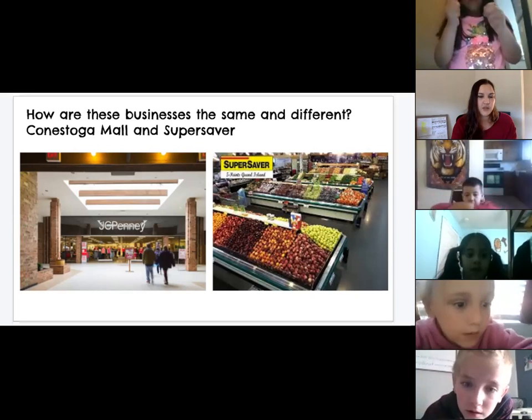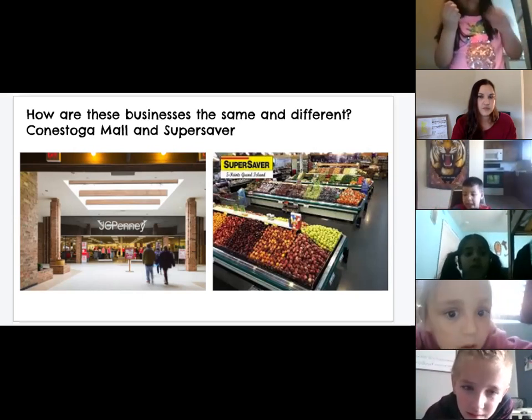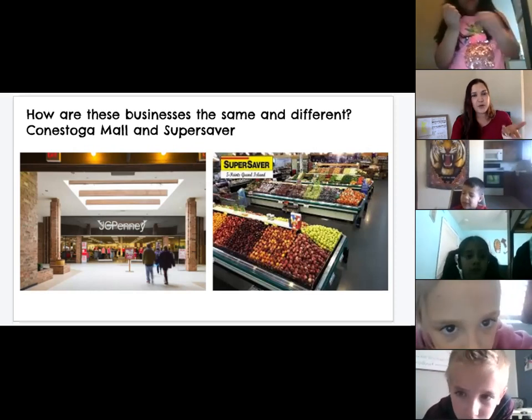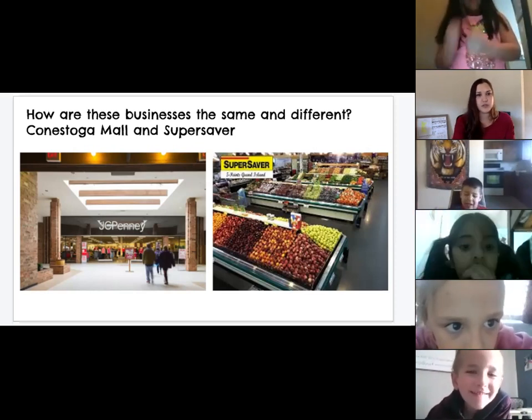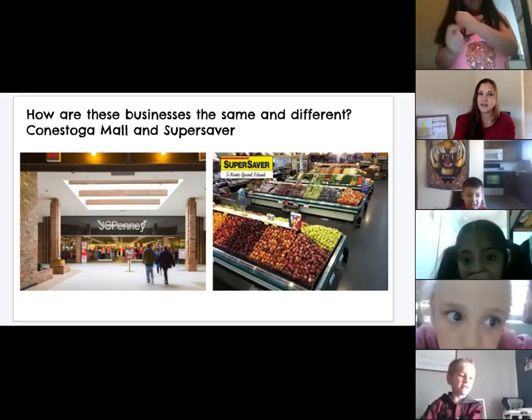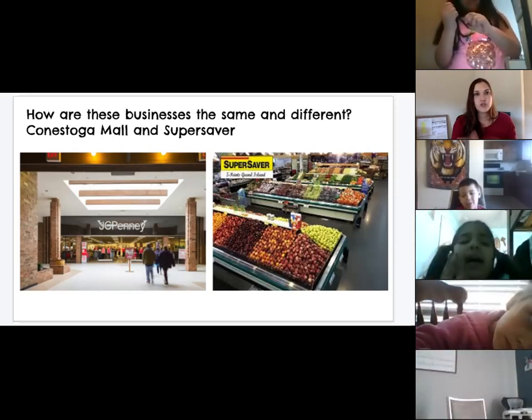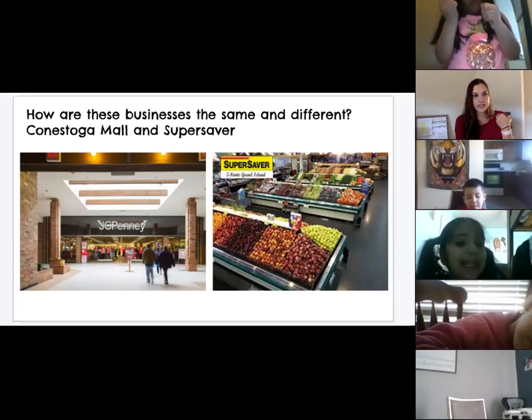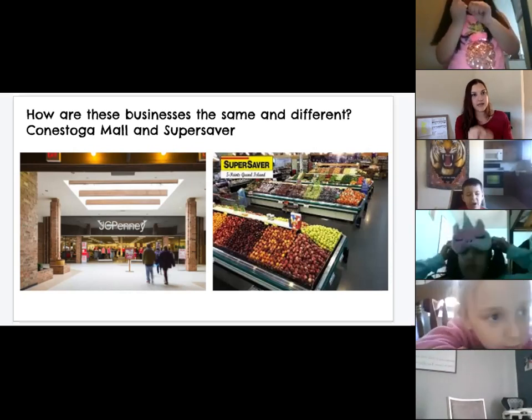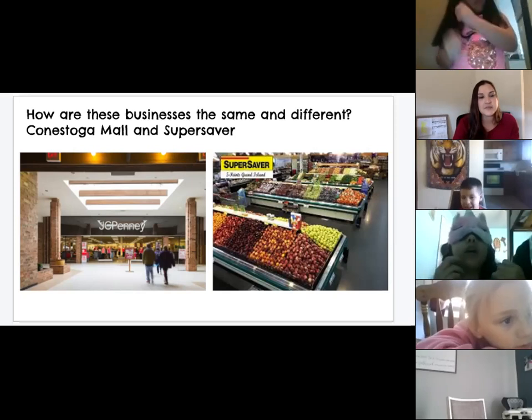What can you buy at the mall? Clothes. Yeah, one of them you go to buy clothes and the other one you go to buy food. So they're a little bit different, right? So that is comparing and contrasting two different things. Sometimes they're the same and sometimes they're different.